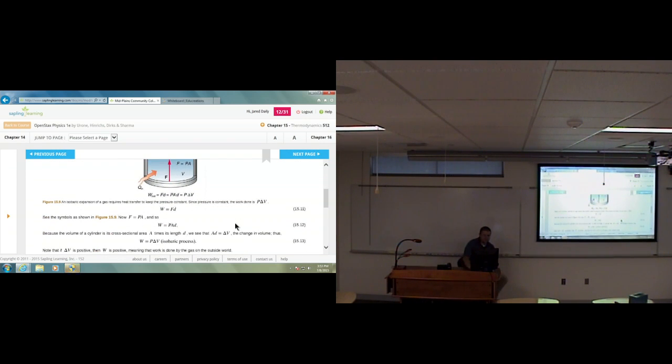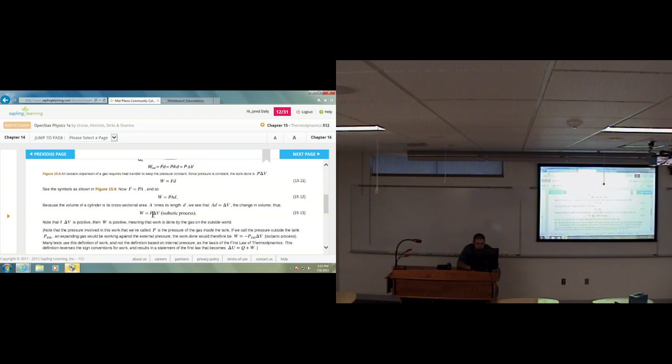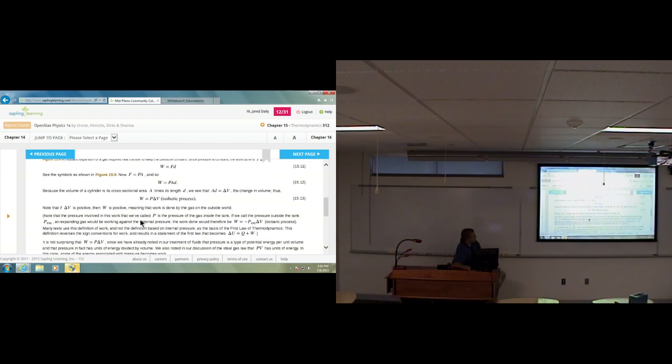And when you have an isobaric process, and you have this pressure always remaining the same, the work actually becomes the pressure times the change in volume. And that's something that they're showing you up here, the mathematical process. This equation here, work equals pressure times delta V, the change in volume, is an equation that defines the parameters during an isobaric process.